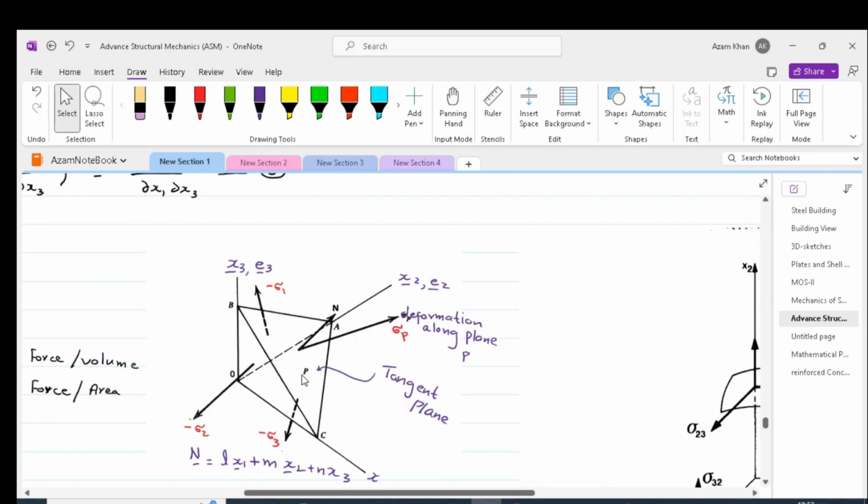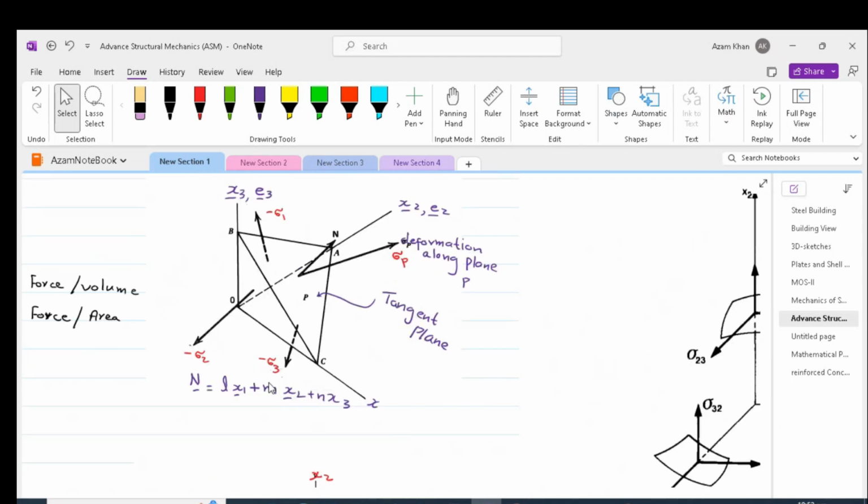Let the area of triangle BNC be A. Then the area of the face perpendicular to x1 will be AL, perpendicular to x2 will be AM, and perpendicular to x3 will be AN.